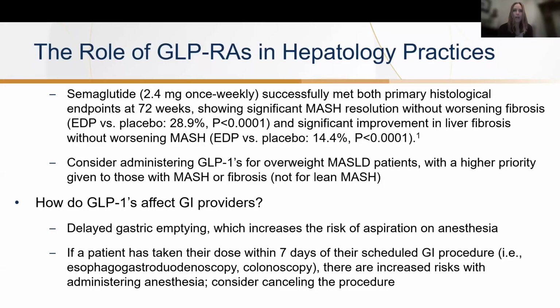The study showed that semaglutide, 2.4 milligrams once a week, improved liver inflammation, or MASH, and fibrosis or scarring without making either worse compared to placebo. The best candidates for these GLP-1 receptor agonists are overweight MASLD patients, with a higher priority to those with MASH or fibrosis, not for lean MASH.